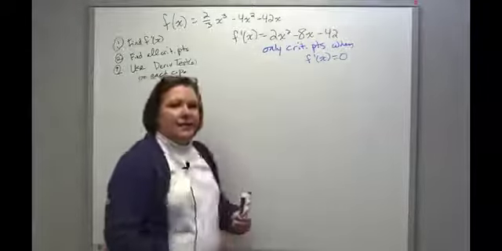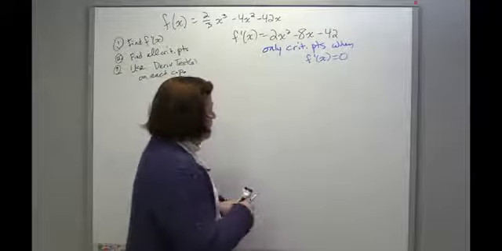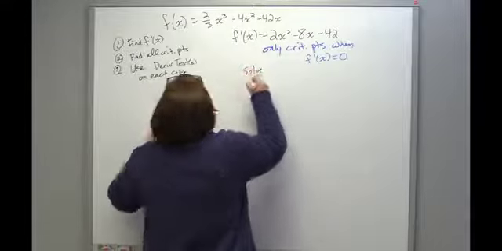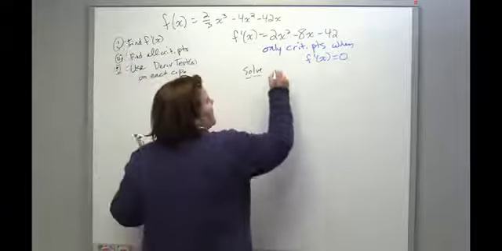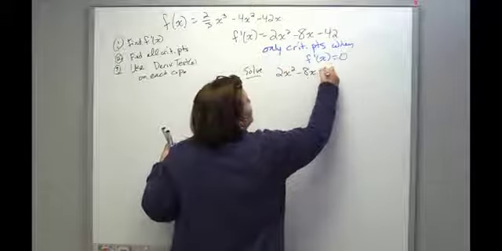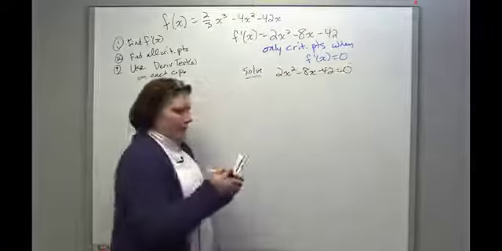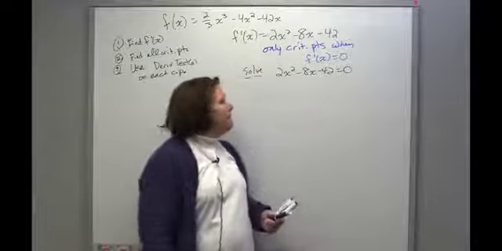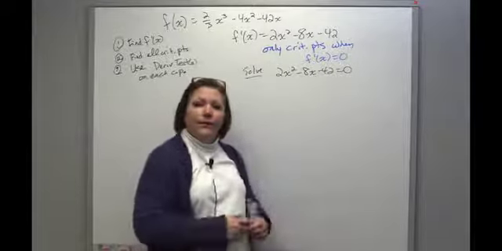So a lot of these examples are going to be algebra review. And so in order to find all critical points, we want to solve 2x squared minus 8x minus 42 equals 0. And we could go directly to the quadratic formula, and that will work, or we can try and factor.